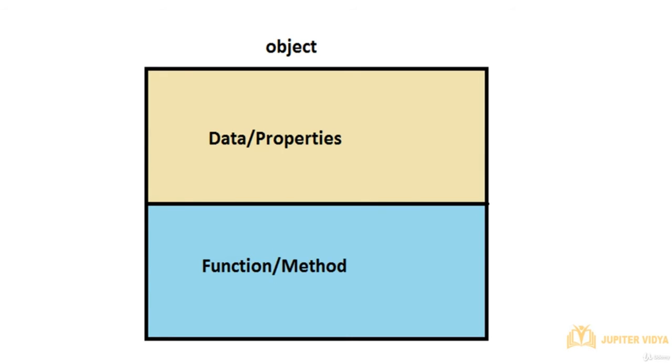Now in a programming language, an object is used to bind data and functions together in one unit. And these functions or methods can change these properties, or you can say the state of the object.